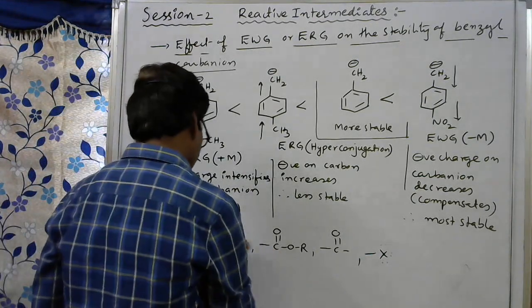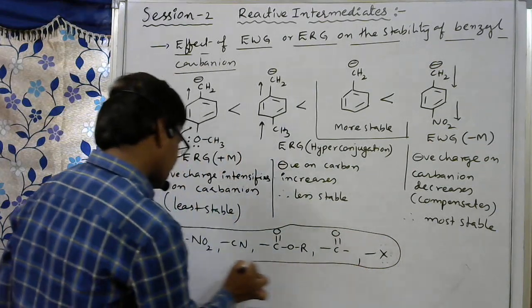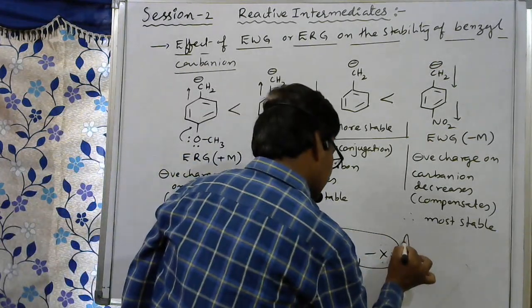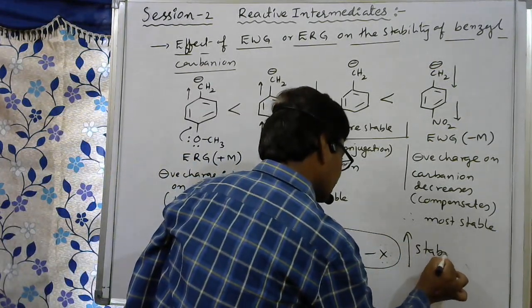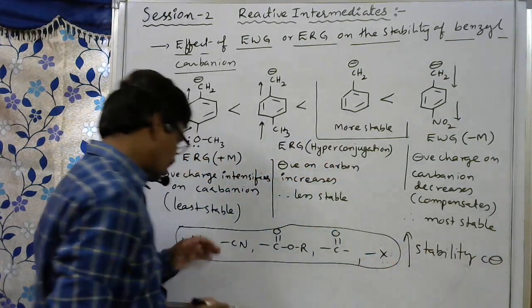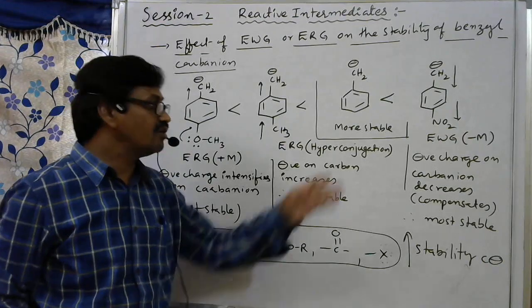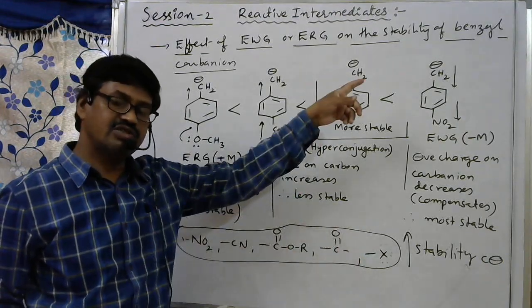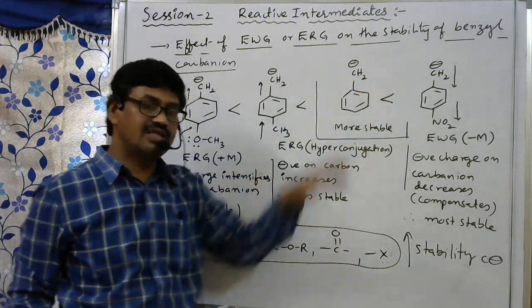All these groups written here increase the stability of C minus. Why? Because all of these can accept electrons from the ring, so the negative charge on carbon decreases.